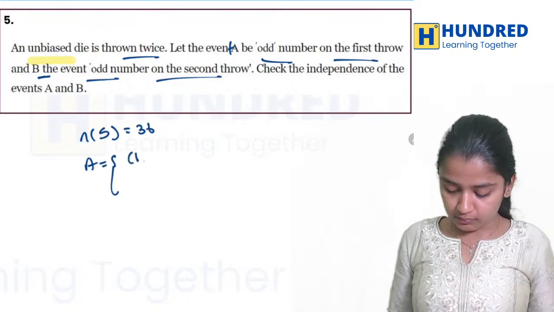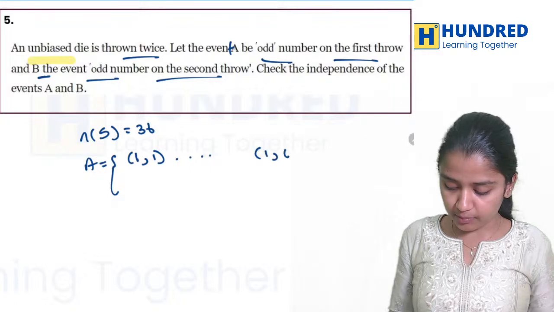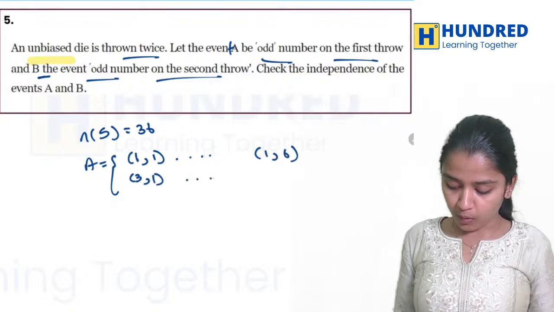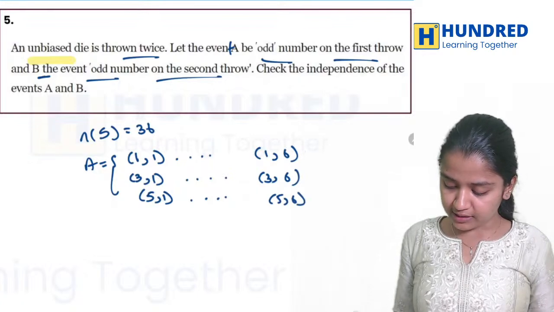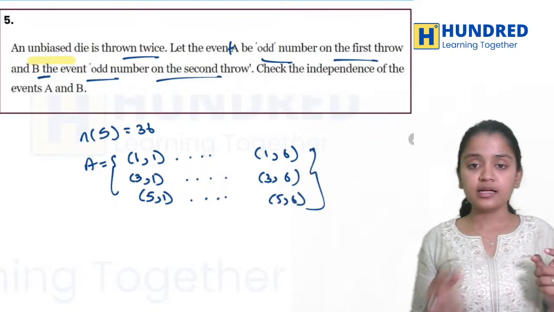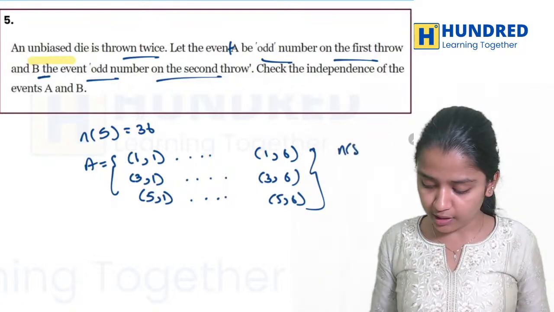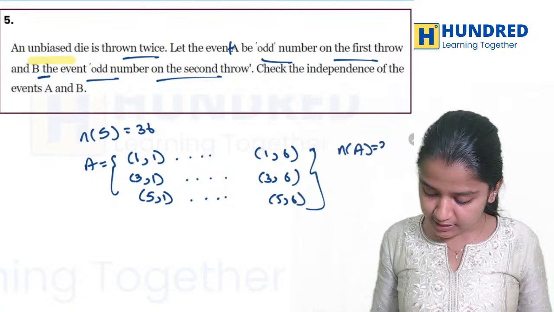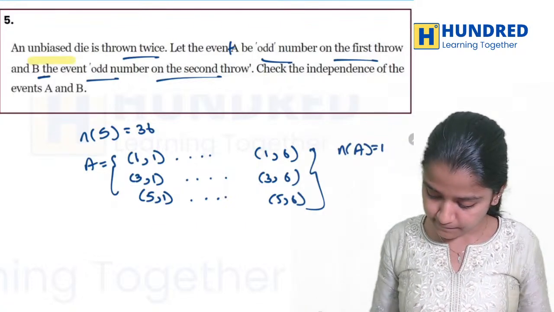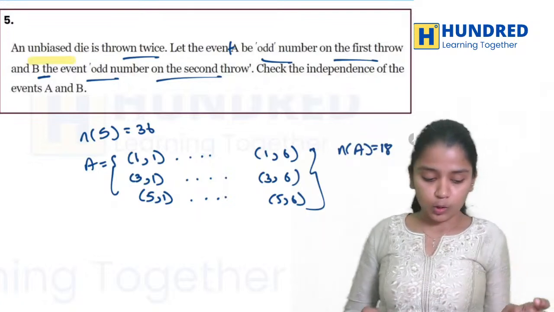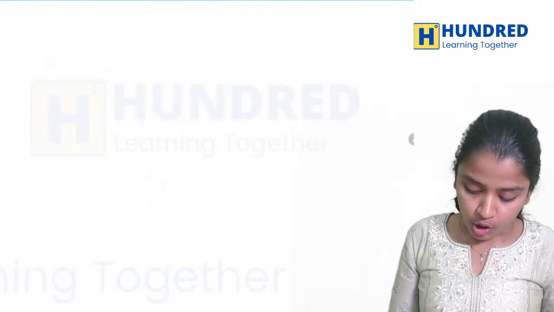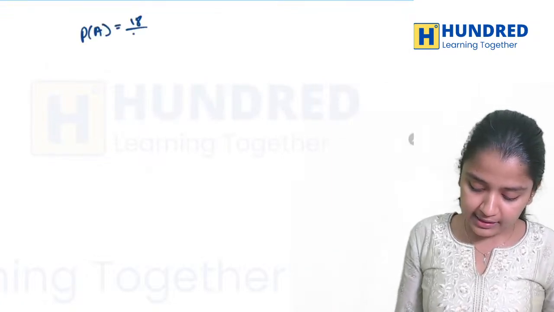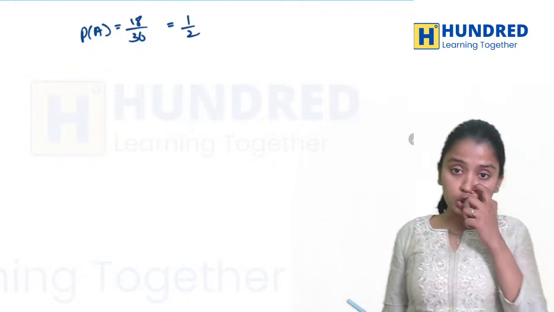So 1,1 up to 1,6. Okay? Next 3,1 up to 3,6. Next 5,1 up to 5,6. So like this you will be getting 6 plus 6 plus 6, so N of A is 18. So what is my probability of A? Probability of A is nothing but 18 by 36, which is nothing but 1 by 2. So this is my answer.